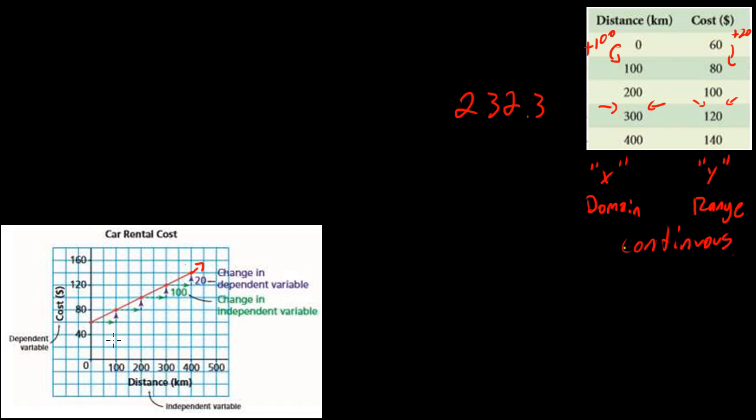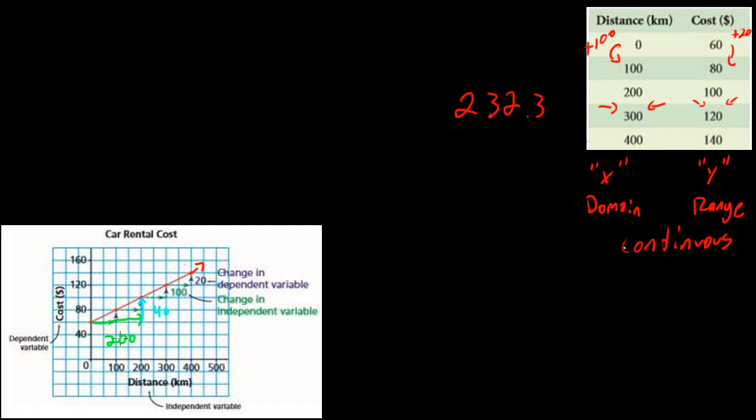However, if we wanted to skip a data point, and say we wanted an increase of 200, then we would have to double our increase in terms of our y value. So this would be 200 over here, and this would be 40.